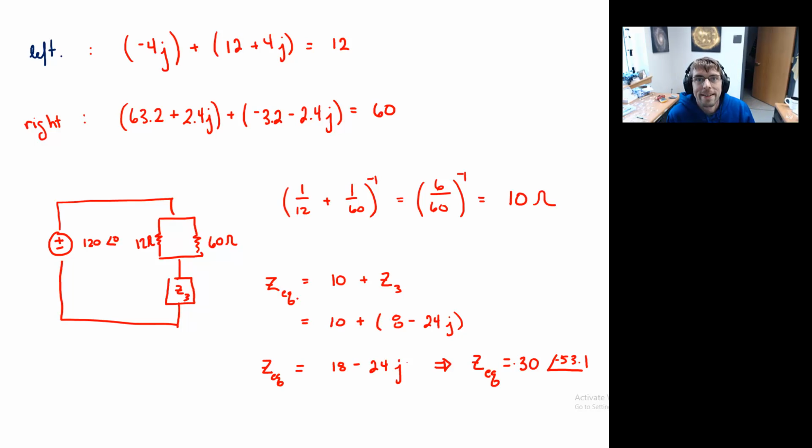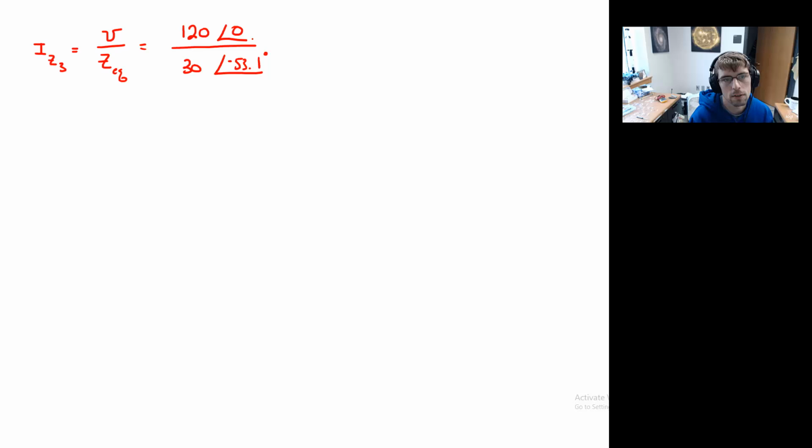Whew. Well, hey, we now can find the current flowing through Z3. So it's a start. Let's find out. The current going through Z3 would simply be the potential divided by the equivalent impedance. And so we get 120 at 0 degrees divided by 30 at negative 53.1 degrees.